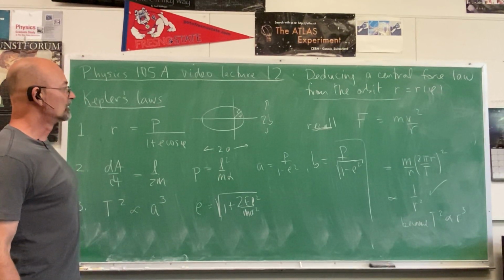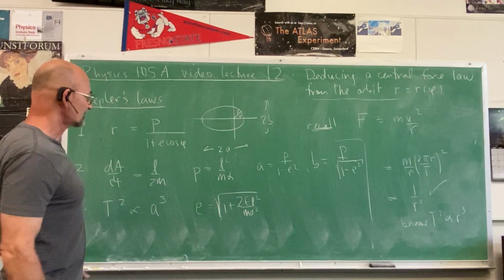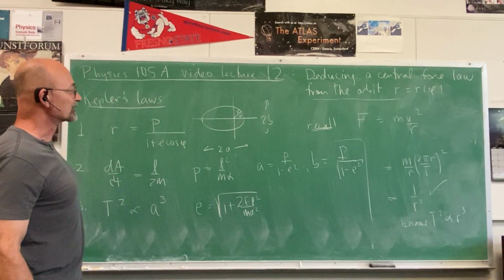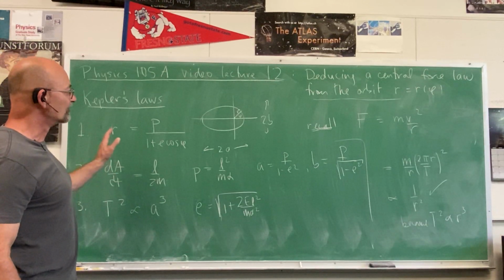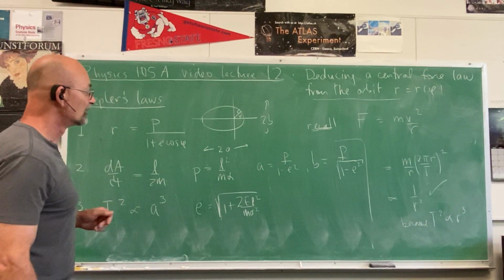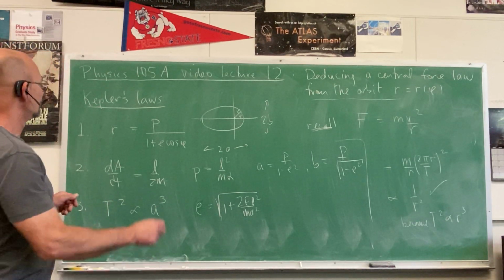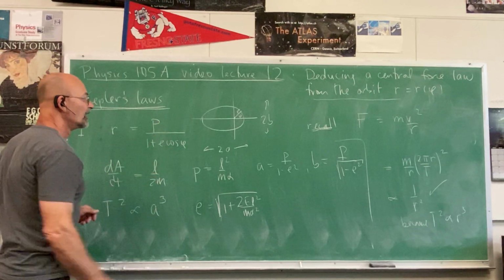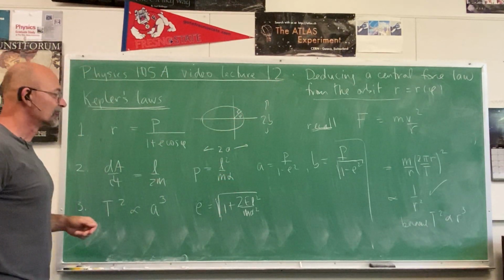But now we want to do it for any ellipse, any conic section, basically. Now, I'll be erasing all of this, making sure that I had everything up there that I wanted. And the whole theme is, of course, deducing this central force law.